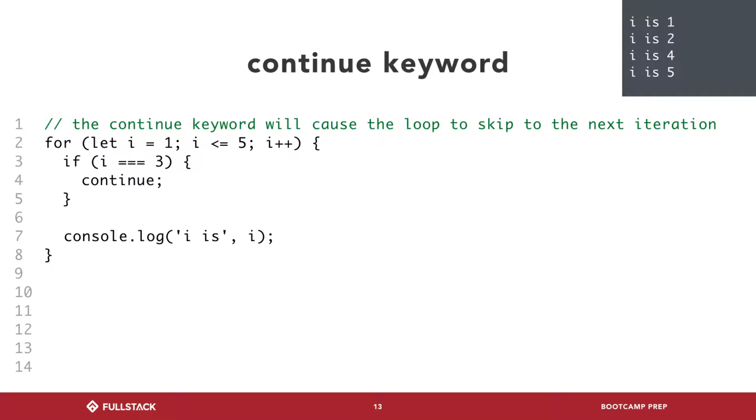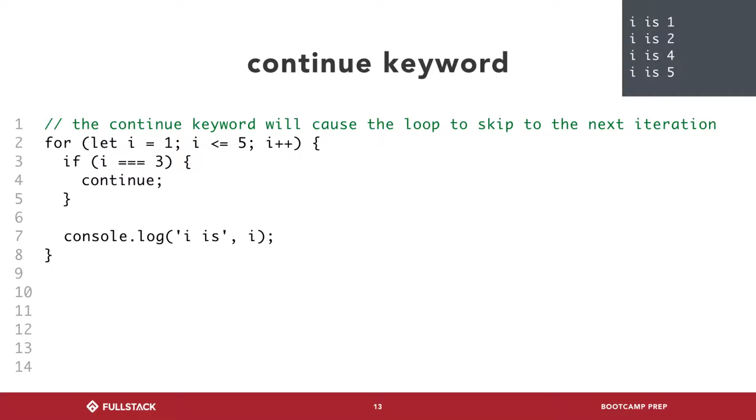What continue says is, for the rest of this iteration, don't bother running. Pretend this code block ends right here, but do proceed normally to the next step of the loop. What does the next step look like? The next step says, let's add 1 to I still.